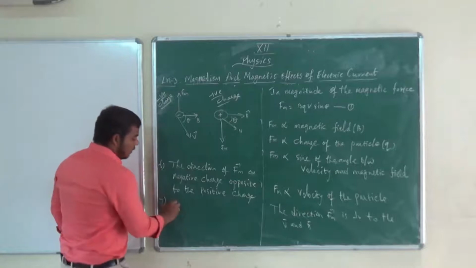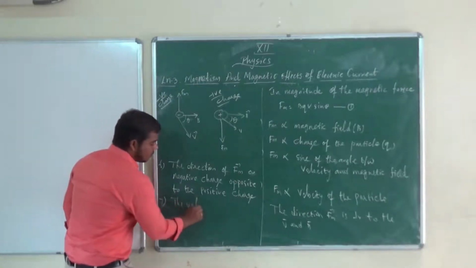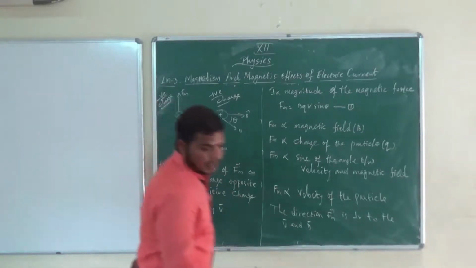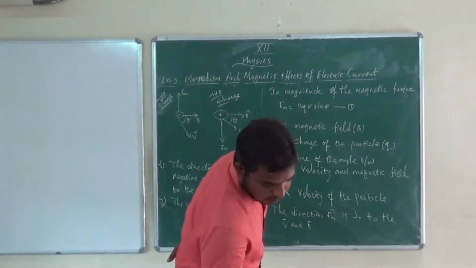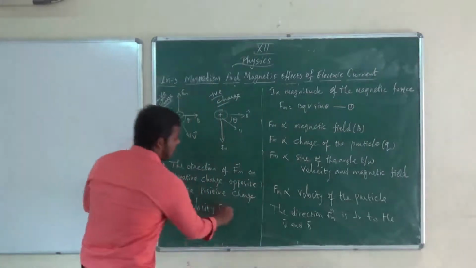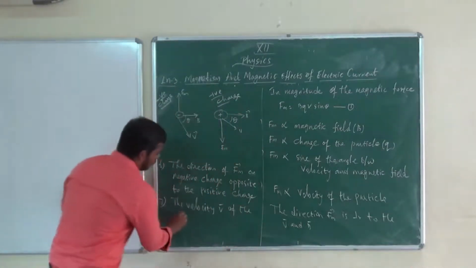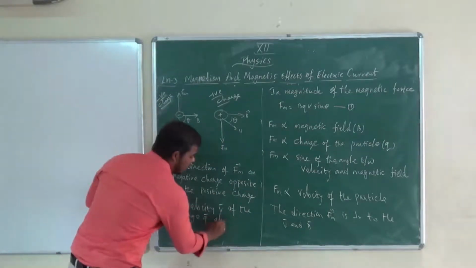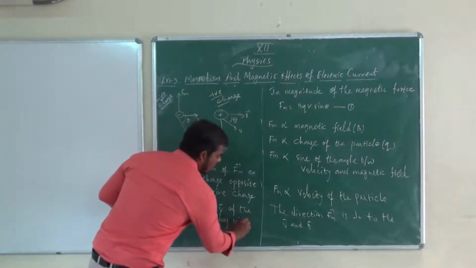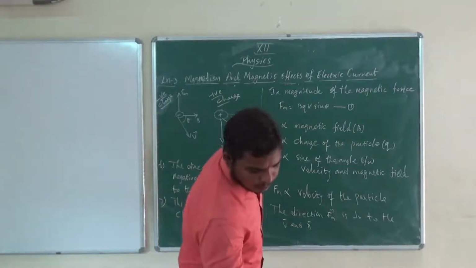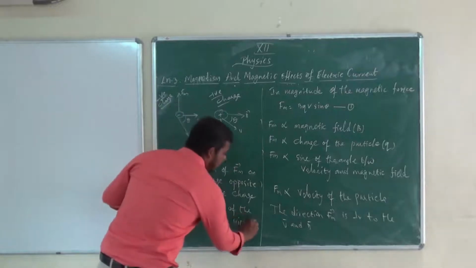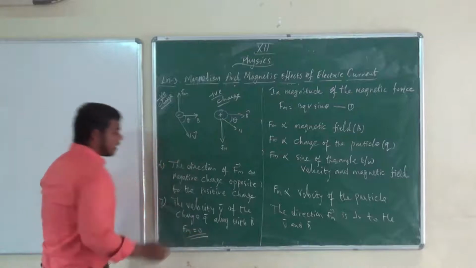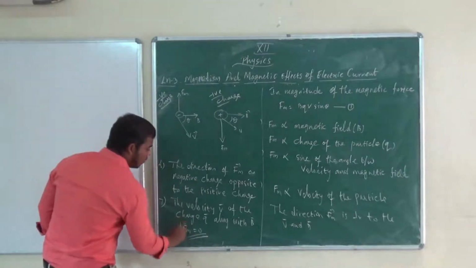Seventh point: if the velocity v of the charge Q is along the magnetic field, the magnetic Lorentz force is 0.